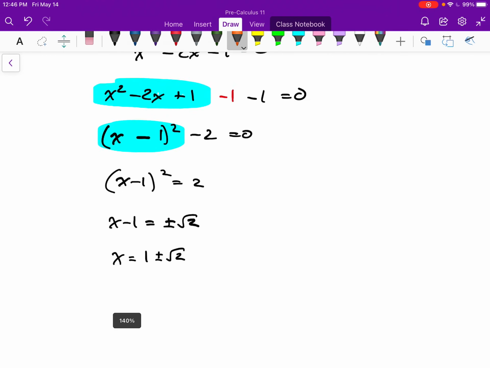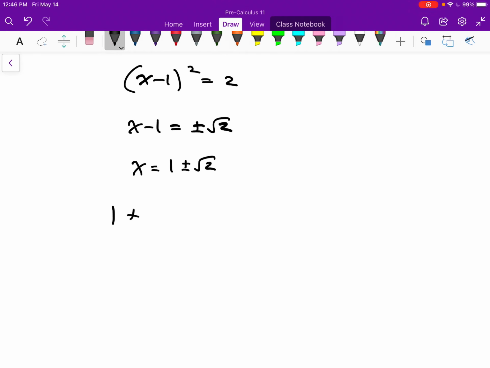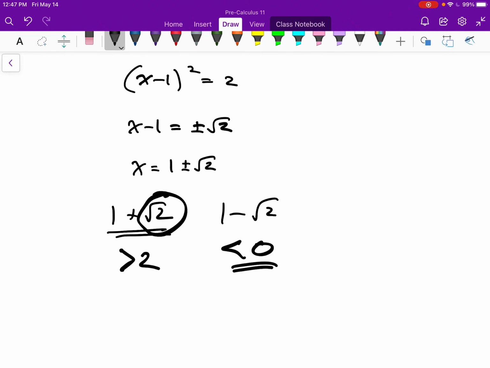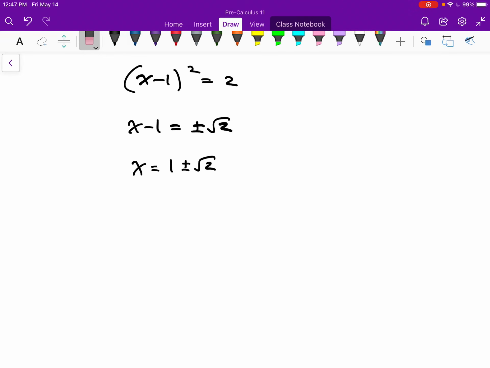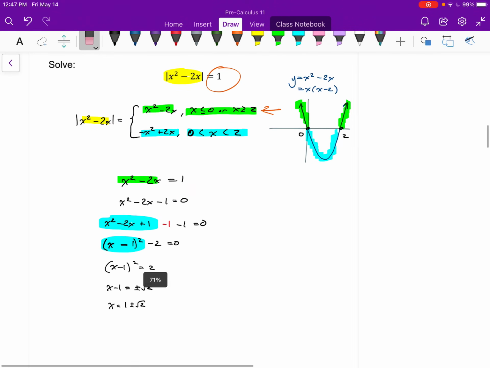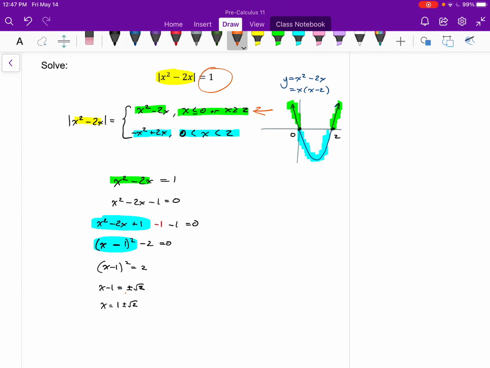Well, if I look at my two choices, 1 plus root 2 and 1 minus root 2, this is more than 2. I know that because the square root of 2 is more than 1, and 1 plus 1 is 2. I could also go to a calculator. This is less than 0 right here, because again, I know the square root of 2 is more than 1. So 1 minus a number more than 1 will be less than 0. Although again, you can go to a calculator. So both of these work with my restrictions. And so both of these are my solutions so far.